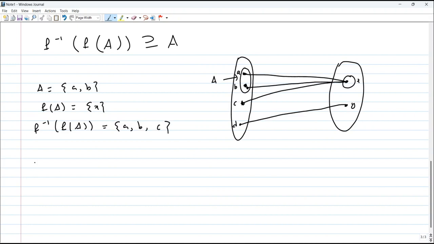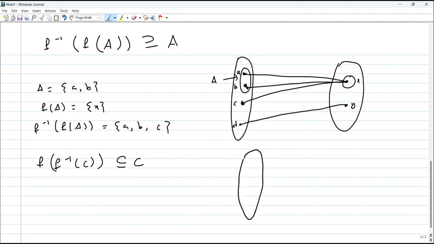And similarly, for the other one, the other property was f of f inverse of C. So you look at something in Y, you look at its pre-image, and then you look at its image, and you get something smaller. So this will be inside the C that you started with.